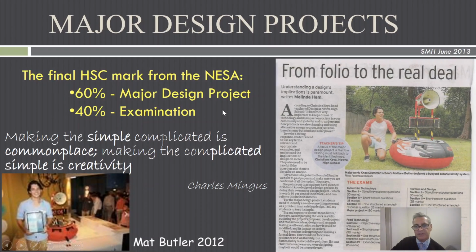So the breakdown is 40% for the exam and 60% for the major design project. Now that's for the HSC and the NESA mark. Obviously we then have an internal assessment process as well, but we're probably not going to discuss that in the presentation.